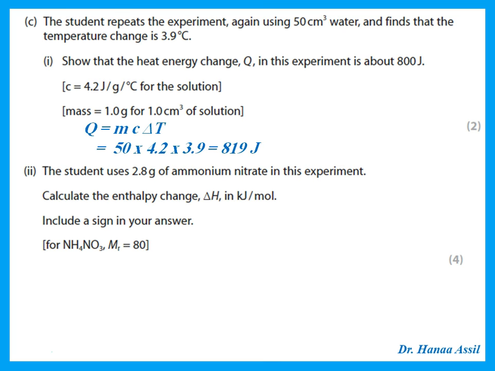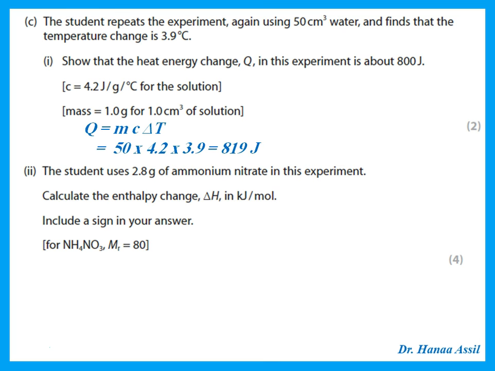That is the mass of the water, and remember that the mass of water is the same as the volume. So I have 50 grams of water times c is a constant, 4.2, times the temperature change. He already tells me it's 3.9. This gives a Q of 819 joules.